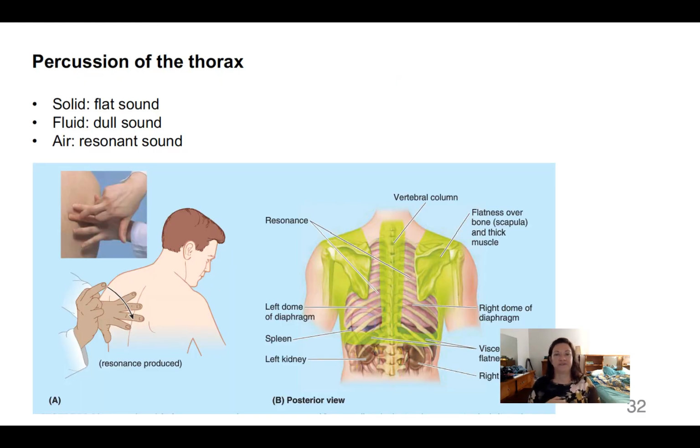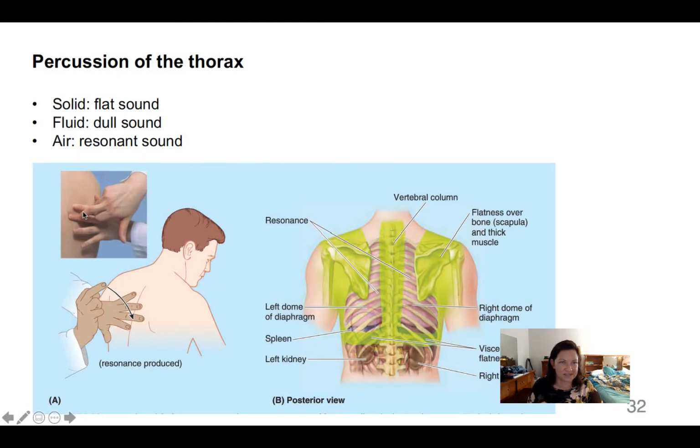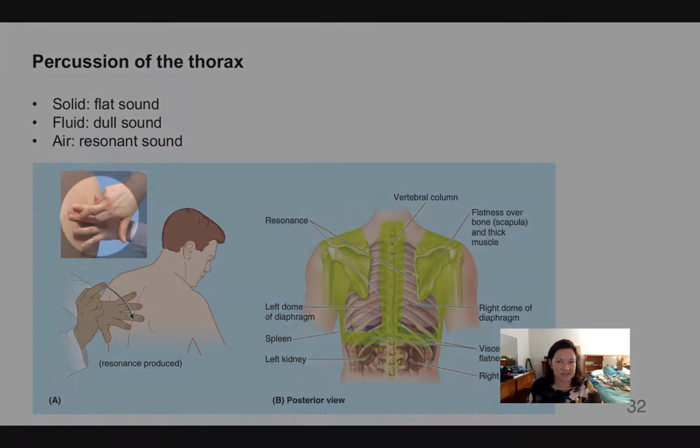Now, if you've been to any doctor for any physical exam, you've probably experienced thoracic percussion. Classically, and some people still do it this way, it's knocking on the back to produce resonance. Often now when we talk about thoracic percussion, we're talking about listening to sounds through a stethoscope.